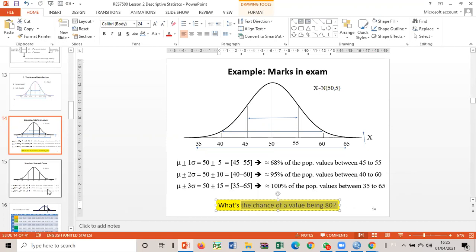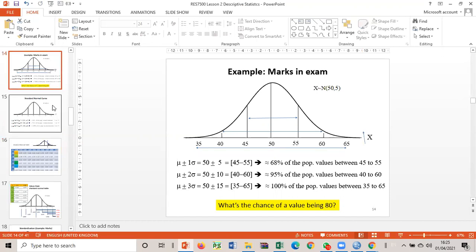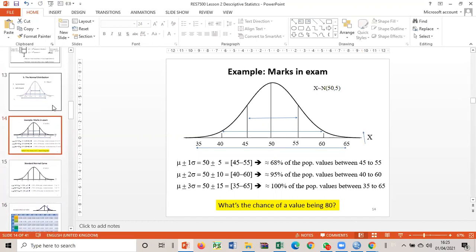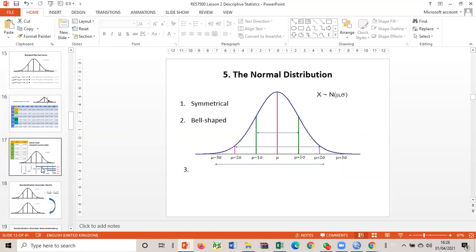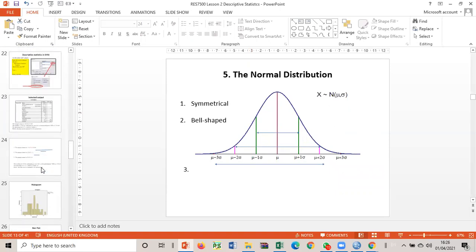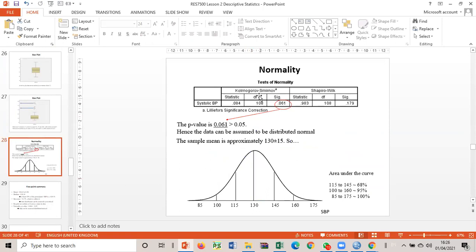All the values are derived from this normal distribution table. So you don't have to go into detail, but you must be able to recognize from the output if the data is distributed normal. For this, in our analysis, click the button again, and we'll get some output.